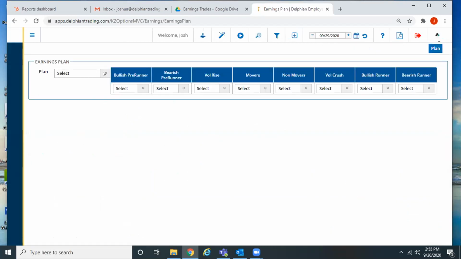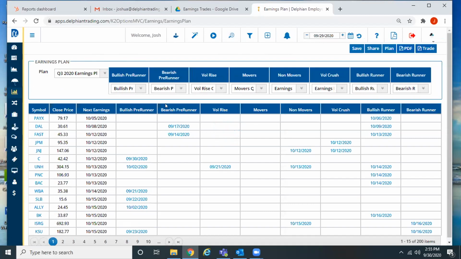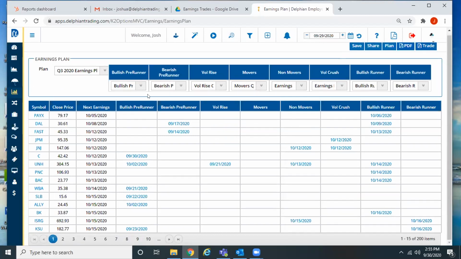The way to get the most updated is, and everyone has this, right, is able to access this earnings plan. Go in here, because those get automatically updated each night. You can sort it by the next earnings. That's probably the best thing we have.